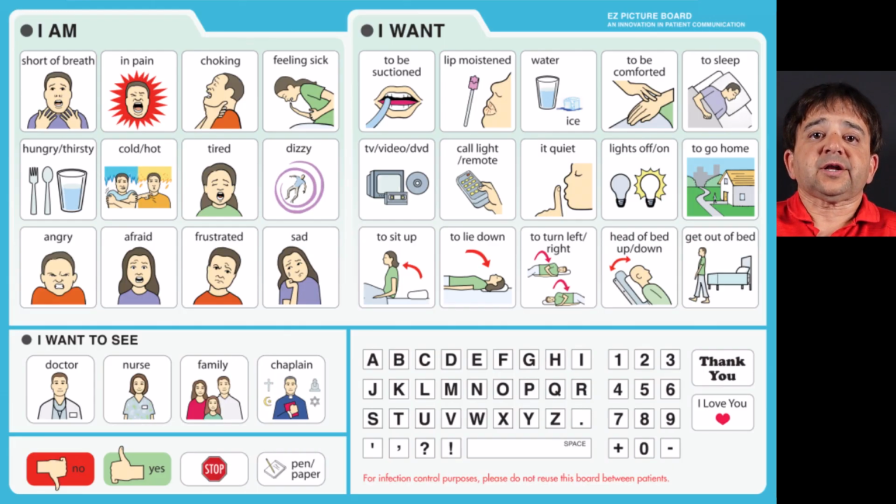On the front side of this AAC board, people can communicate what they want and how they're feeling. And there's also an alphabet or a keyboard where people can point to different letters if the images or icons don't have the words that they want to say. They can spell it out on the alphabet.